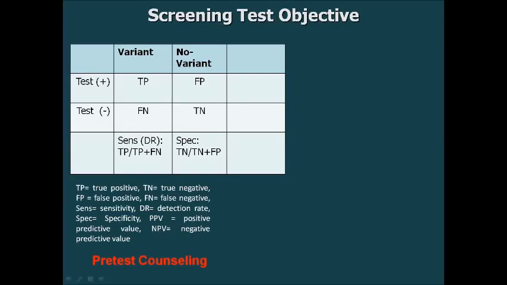Now what about screening test metrics? It's really important for care providers in the obstetric setting to understand the screening test metrics that are applied. So on the top right of this slide, in this case, we're going to look specifically at, let's just say, a single gene condition.